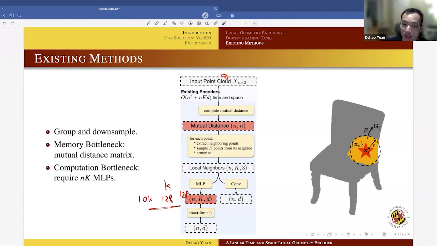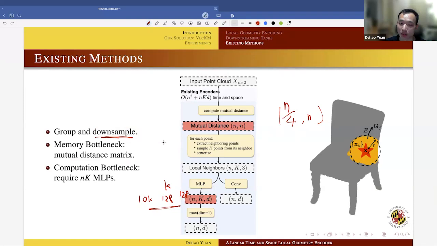So basically, the existing methods, regardless of what they are using, would encounter two bottlenecks. The first is the memory bottleneck, which is the mutual distance matrix. And the second bottleneck is this n by k by d. So how do they deal with that? They usually downsample. For example, instead of computing an n by n mutual distance matrix, they downsample the entire point cloud, for example by 4 times. Then you only need to compute the n divided by 4 by n mutual distance matrix.